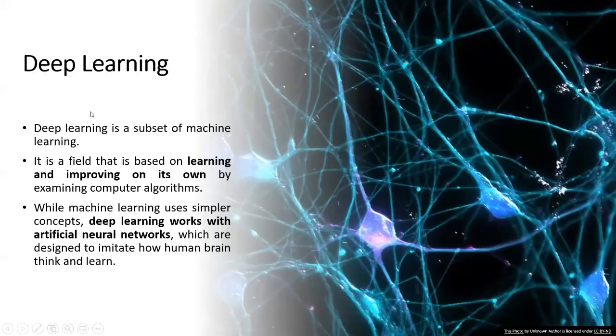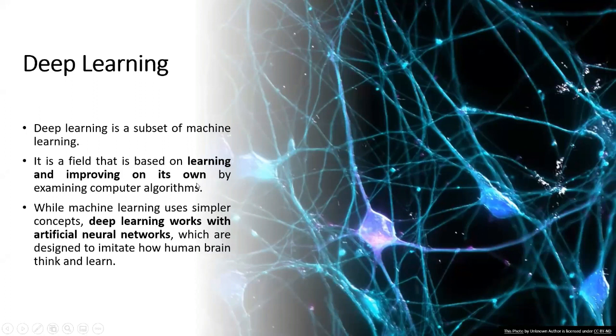Coming to deep learning, which is the higher level of machine learning. It is a subset of machine learning. It is a field that is based on learning and improving on its own by examining computer algorithms. So in machine learning, we have to tell the program, okay, this is this data, this is this data, now you predict the next outcome. But in deep learning, we also give the data with labels, but only one time, not always.